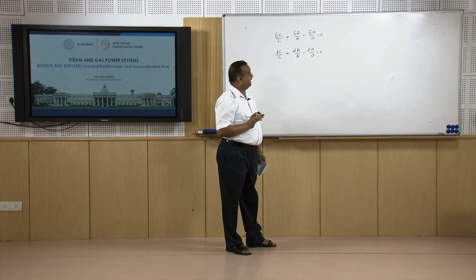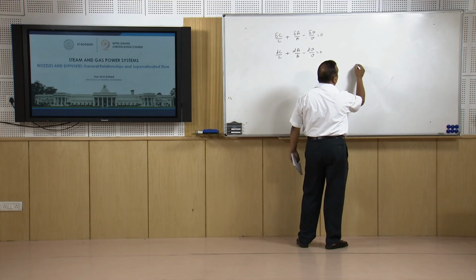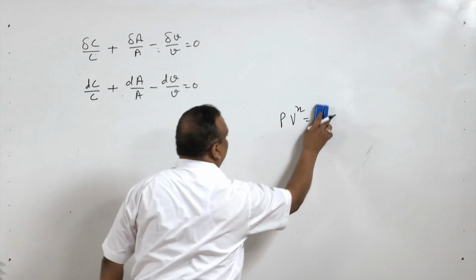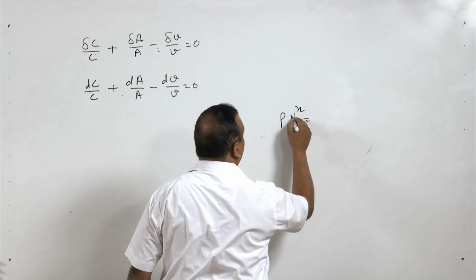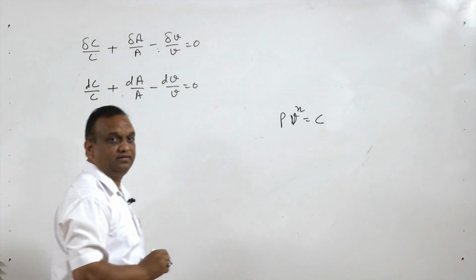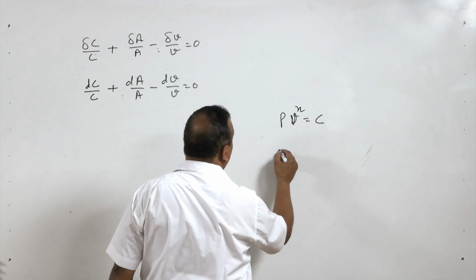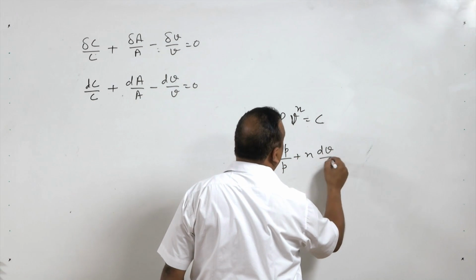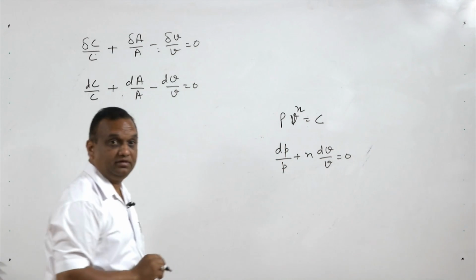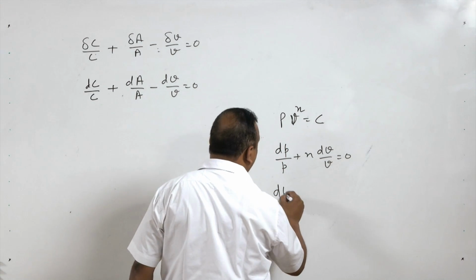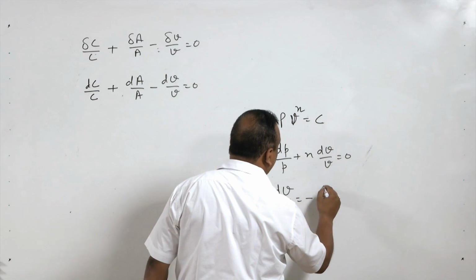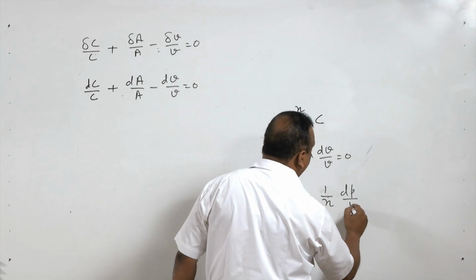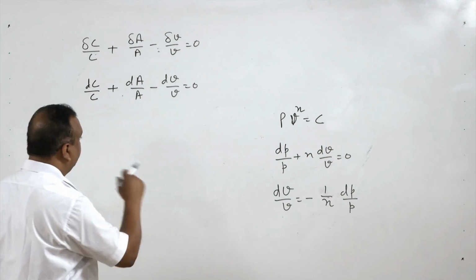Now, all of us know that PV raised to power n is equal to constant, not 0, constant. PV raised to power n is equal to constant. Or we can write in differential form dP by P plus n dV by V is equal to 0, or dV by V is equal to minus 1 by n dP by P. That is one thing.